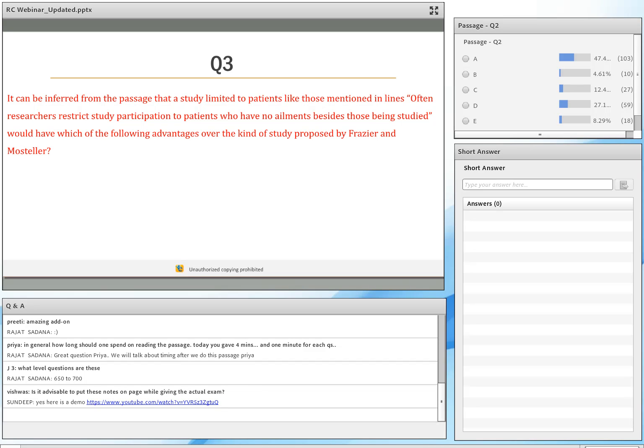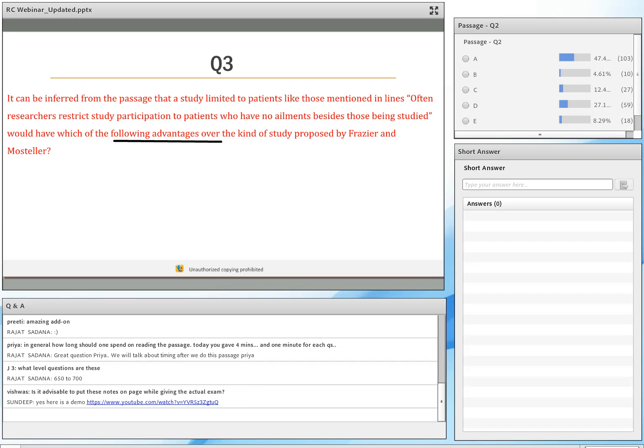Let's look at question 3. Again, it can be inferred from the passage that a study limited to those mentioned in the lines, it's the same set of lines, would have the following advantages over the kind of study proposed by FNM. So this may seem like a very similar question, but it's very different. The first question was what can you infer about the study?